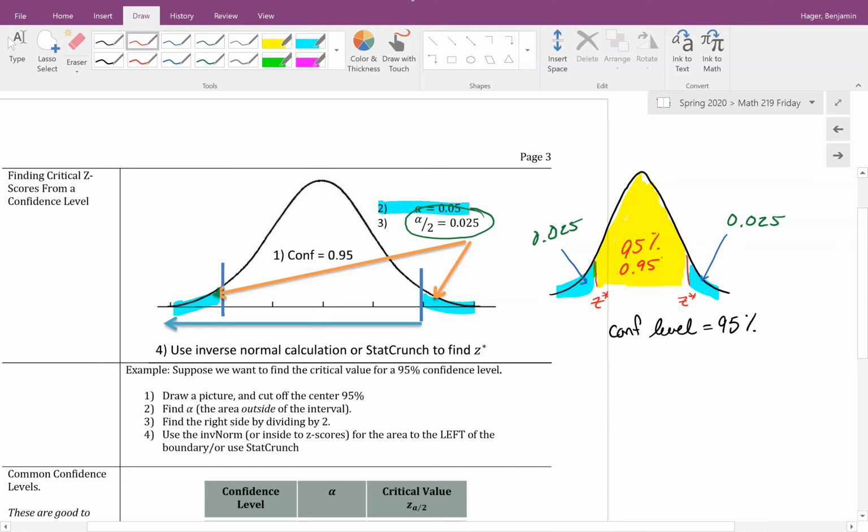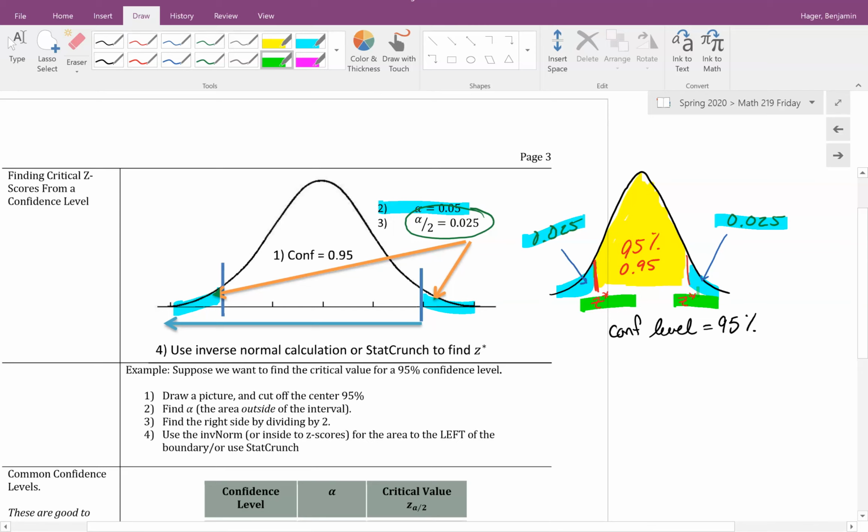Okay. So again, I hope that makes sense, that if you've got a 95% cutoff in the middle, then the two blue parts need to add up to 5%. So individually, they're 2.5% each. Your critical z-score is going to be the z-score that cuts off the lower 2.5% or the upper 2.5%. And by symmetry, these are going to be the same numbers. One's going to be negative and one's going to be positive.